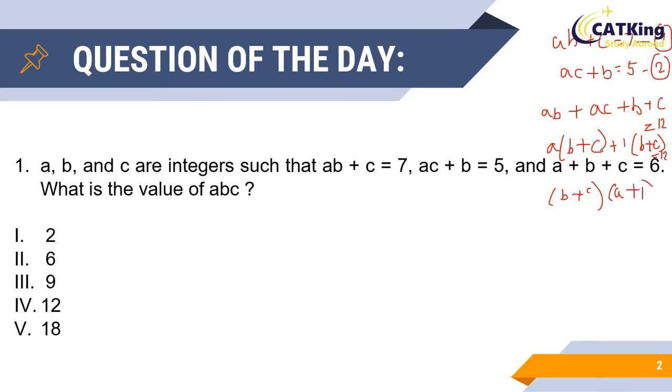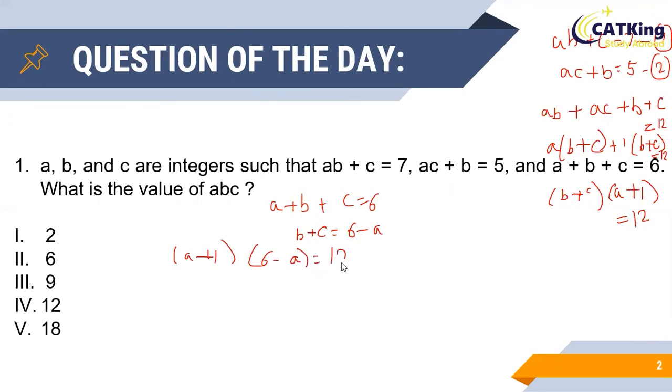Now, from equation 3, we have a plus b plus c is equal to 6. Hence, b plus c will be equal to 6 minus a. Let us substitute this value of b plus c in the above equation. Hence, we obtain (a plus 1) into (6 minus a) is equal to 12.